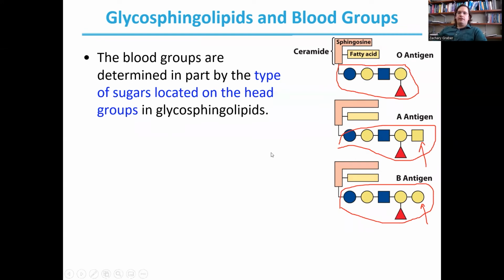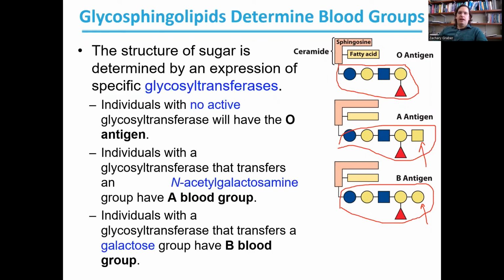The production of these different kinds of glycosphingolipids is all based on what enzymes we have available. So we'll have specific glycosyl transferases that are involved in adding these sugar groups onto our glycosphingolipids. If we have no active glycosyl transferase, we won't add that final sugar on, and we'll end up with our O antigen up here on top.